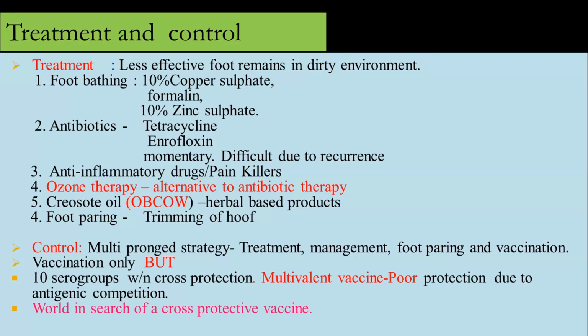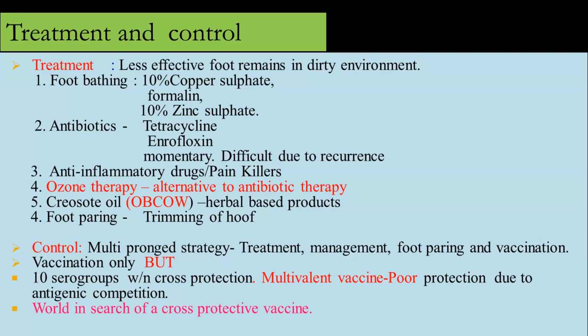Since the tissue is anoxic, it improves oxygen delivery and kills the organism. This is a therapy used in Europe for the treatment of foot rot. And another one is creosote oil. It is here in India, available under a trade name. The herb is used for the treatment of foot rot in India.